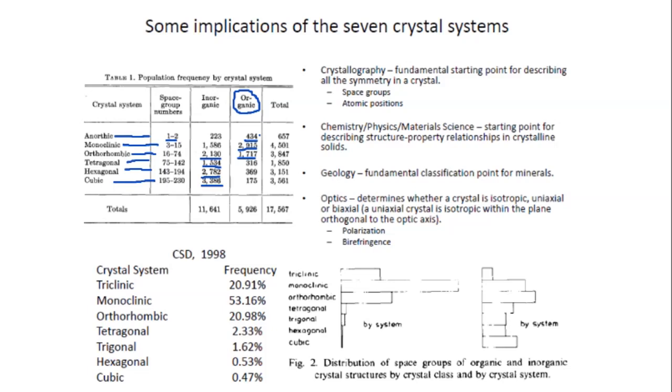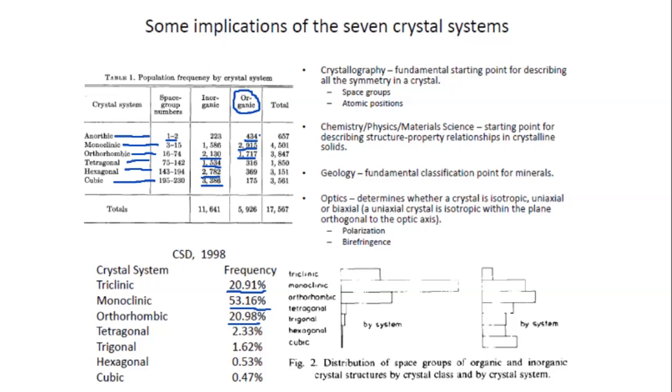Now, back in 1998, there was a CSD search done showing the number of crystal structures for organic structures and what systems they crystallize in. As you see, 20% of the organic structures crystallize in triclinic, 53% crystallize in monoclinic, and about 21% crystallize in orthorhombic.